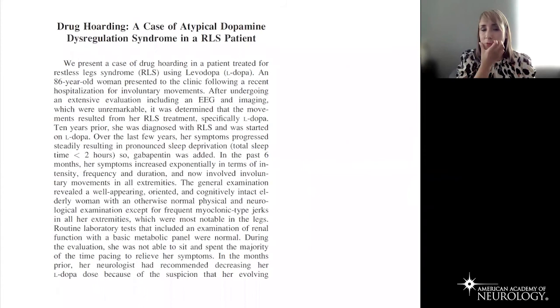And this is one case report that we wrote up regarding an 86-year-old woman who was placed on Sinemet, which is a big no-no for RLS, by the way. There's a caveat to that, which I'm not going to discuss here, but it's pretty much not recommended. She started hoarding Sinemet.